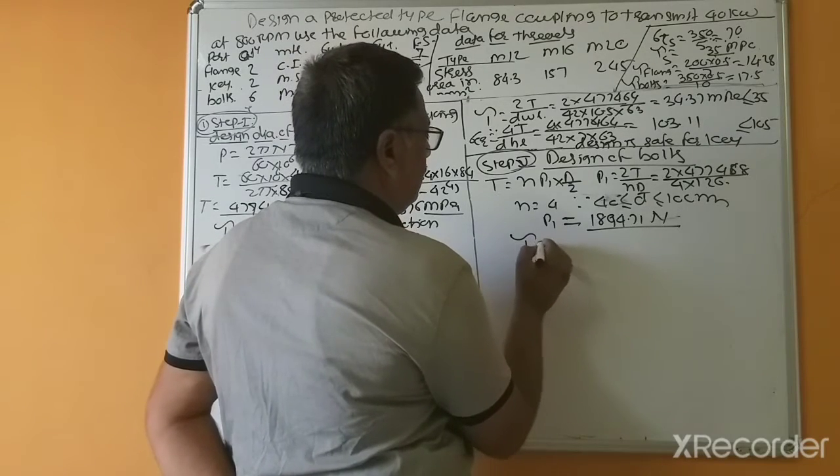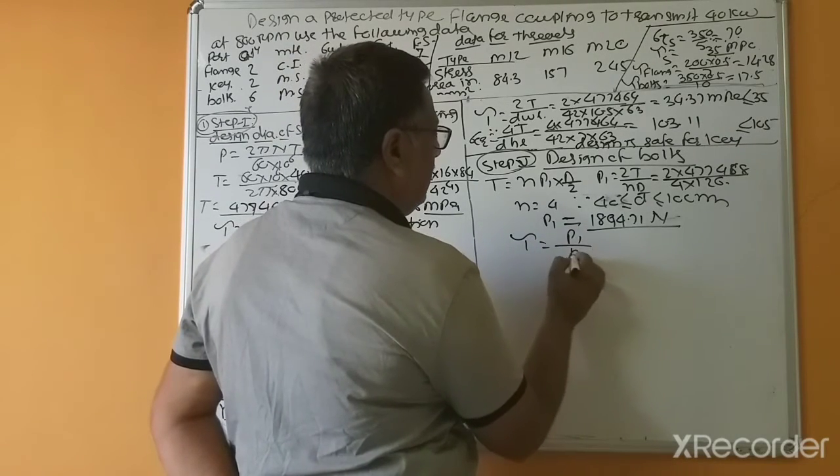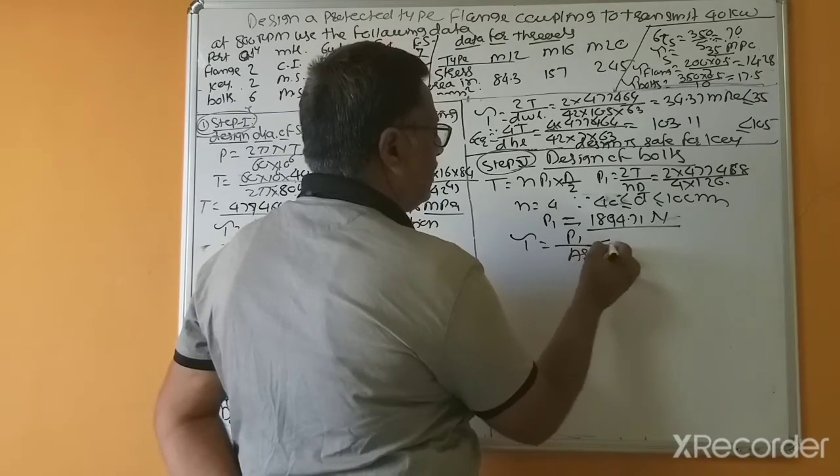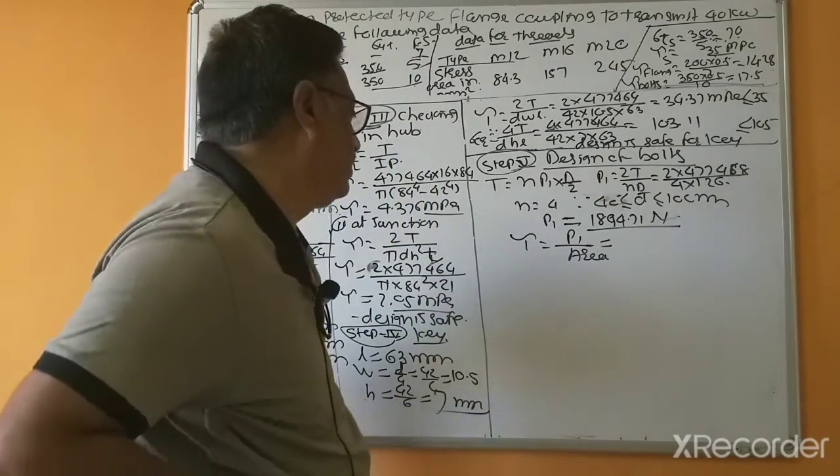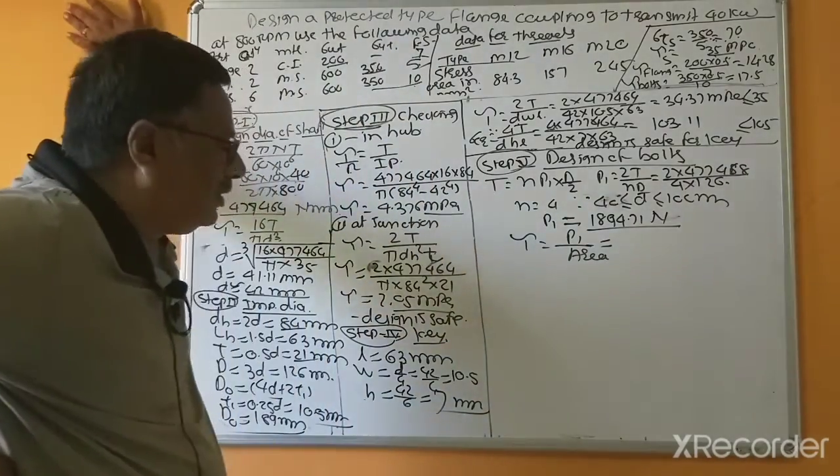What are the next steps? Shear stress equal to, what is the formula? P1 divided by area. This is right.